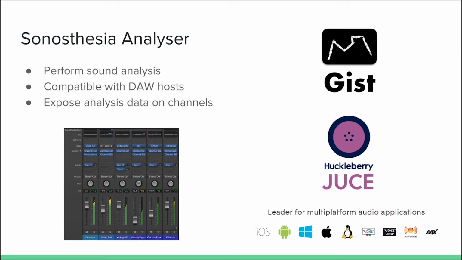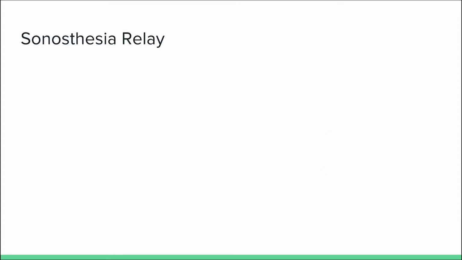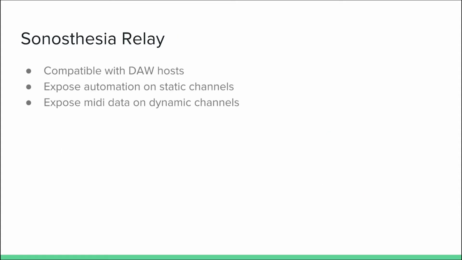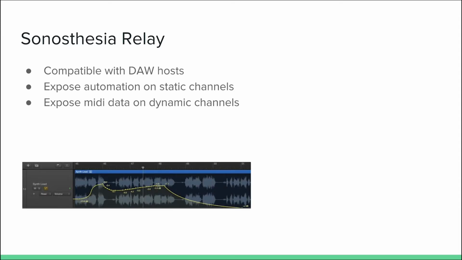So then there's the Relay, which is also a plugin for digital audio workstations, but instead of analyzing audio, what it does is it exposes automation data that you have on tracks to control any parameter in your other plugins or synths.